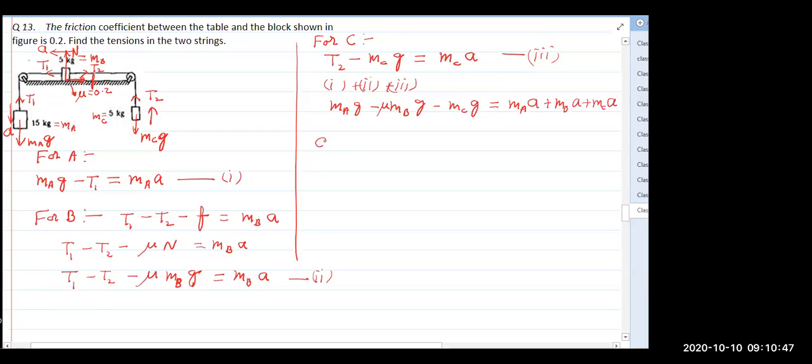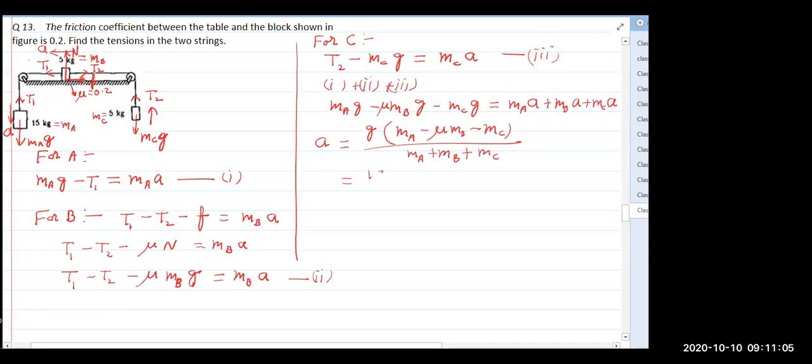So A comes to G times (MA minus mu MB minus MC) divided by (MA plus MB plus MC).